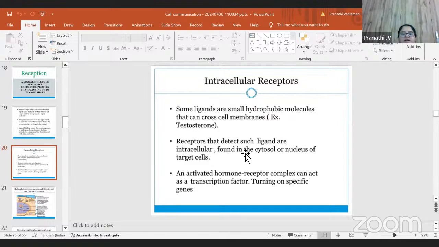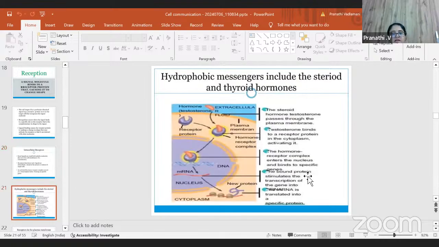Some receptors that detect ligands are intracellular. They are found in the cytosol or the nucleus of the target cells. A receptor-hormone complex will act as a transcription factor. Also you have hydrophobic messengers, for example the steroid and thyroid hormones.